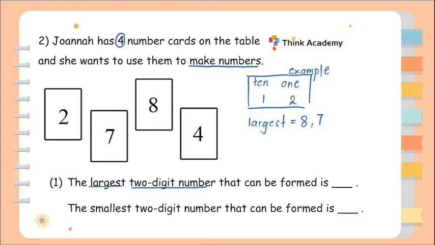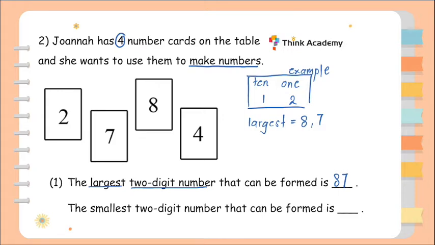If we make the largest 2-digit number, do we place the larger number in the tens place or the smaller number? We place the larger number there so that it makes the bigger number. Then we have 87, and 87 is bigger than 78, right? Okay, so we're done with the first one.